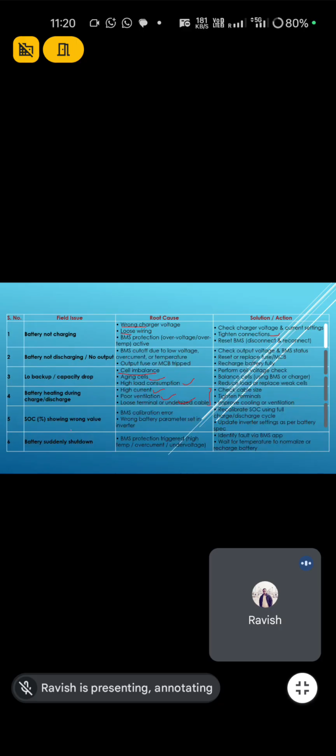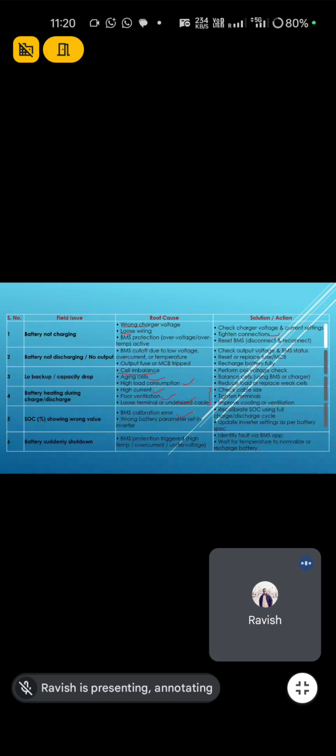Okay, and then the SOC percentage showing a wrong value. You need to calibrate the BMS error. You have to calibrate the BMS, you have to update the software, and you have to set the charging current and voltage according to the battery.